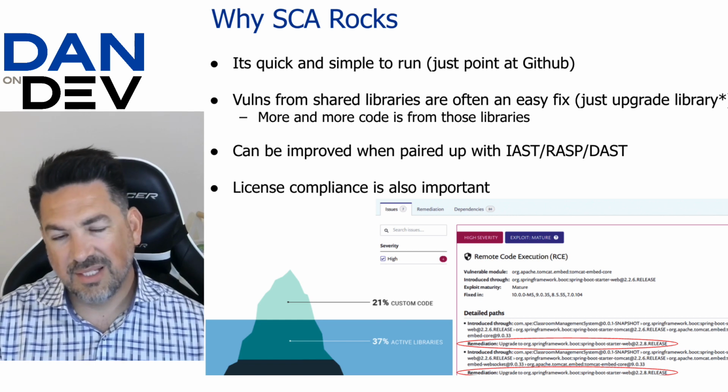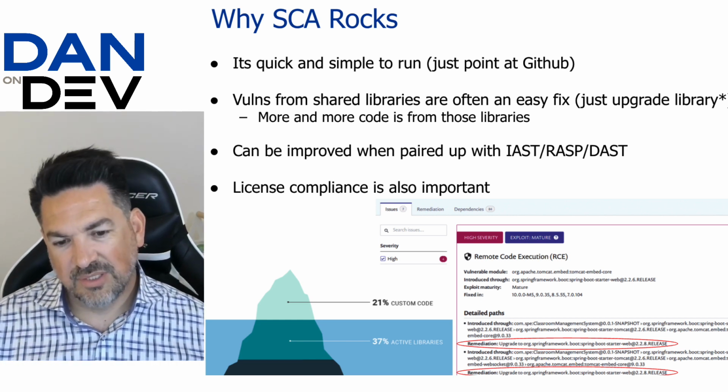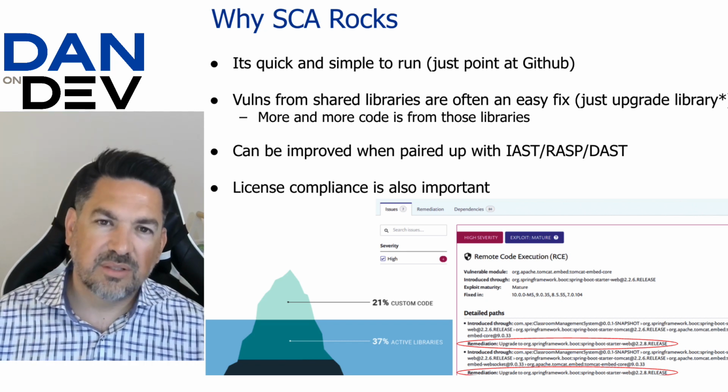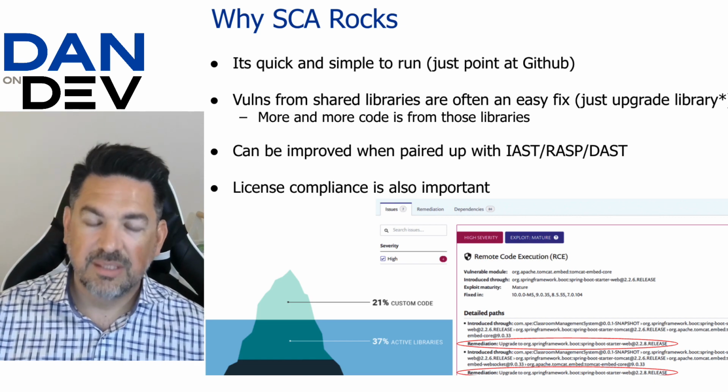The license compliance is also important. You need to do it for legal reasons, so that's very useful. So that's what ends up being really good about the SCA products. Again, I recommend using them, but not alone. I don't think they solve everything on their own, but still very useful, very important to do.